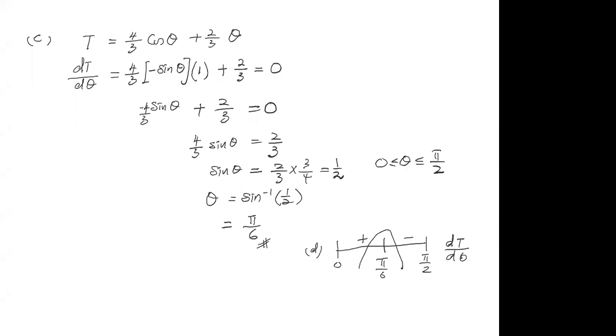Part E. What route should you take to travel from P to R? The longest time. So this is the longest time at the angle. So which one is the shortest time?